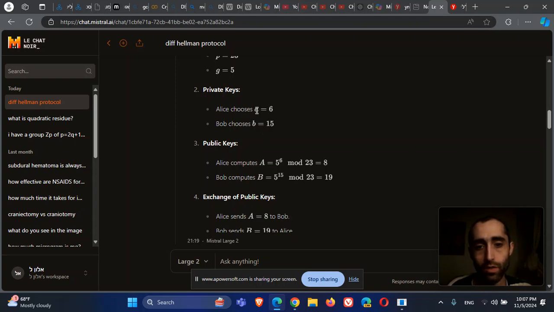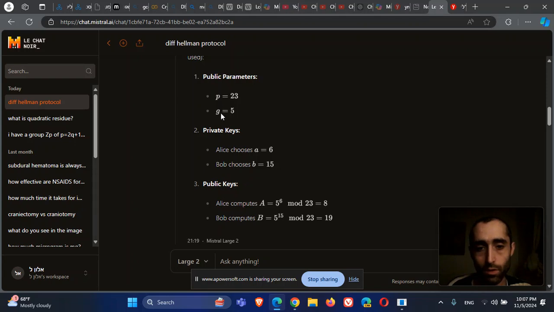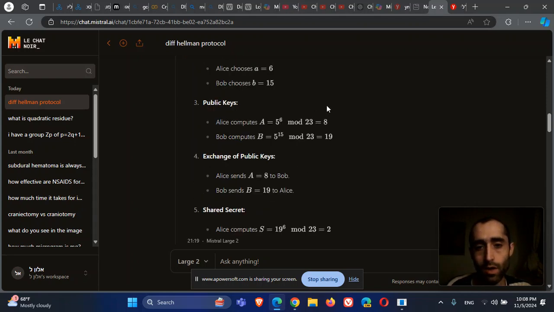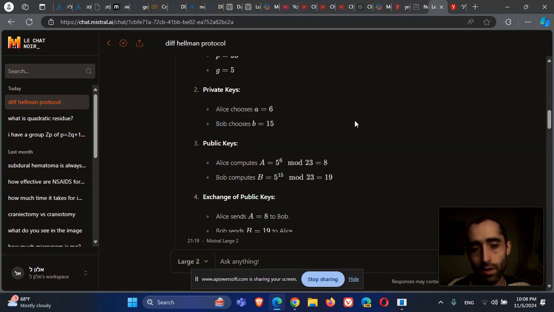So here we have P, we have G, which are general. Bob and Alice just say they agree, and everyone knows it. Now, small a is a random integer that Alice created, and small b is a random integer that Bob created. Those are the private keys of each. No one will know that.